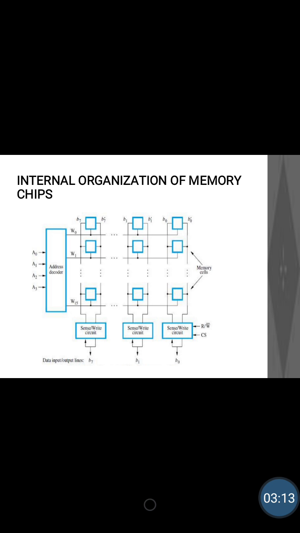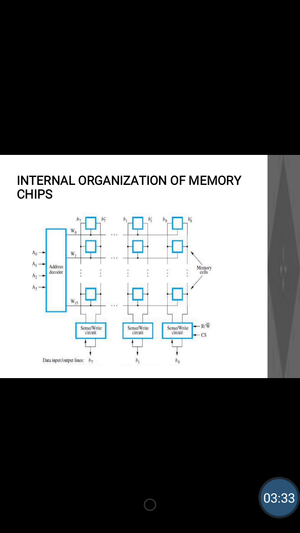During a read operation, the sense circuits read the information. How? One of the word lines is activated: the address of the memory is given by the processor, that address is decoded, and according to the address one word line becomes active.